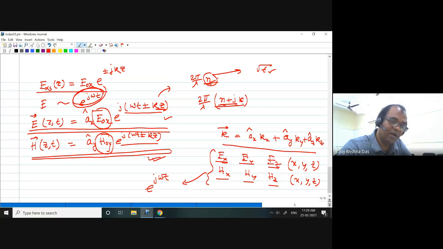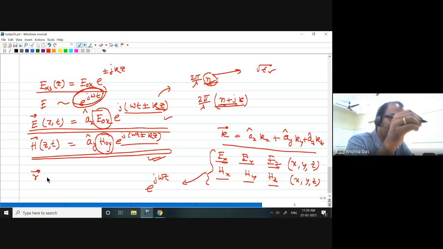Similarly, I have to handle three different components of the wave vector, kx, ky, kz, right? So in that case, if I am considering the three-dimensional case, any position I want to define in space can have an x component, y component, and z component. That means for any position R, what is the electric field?